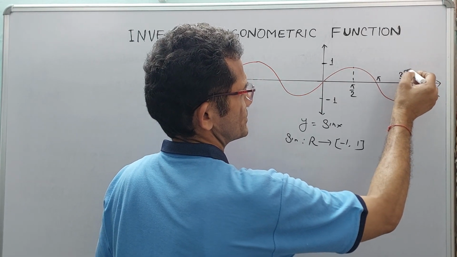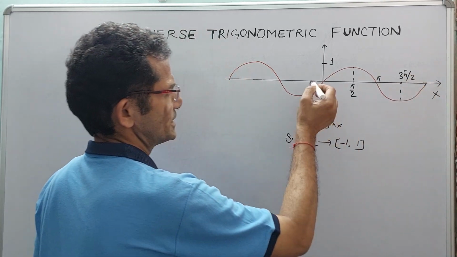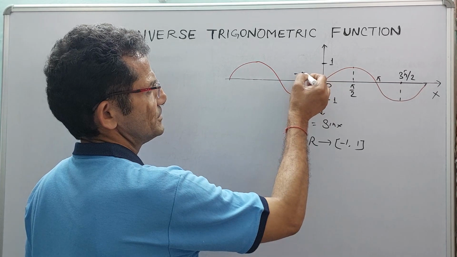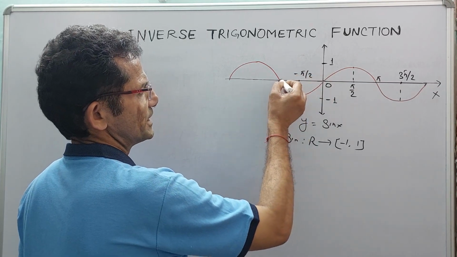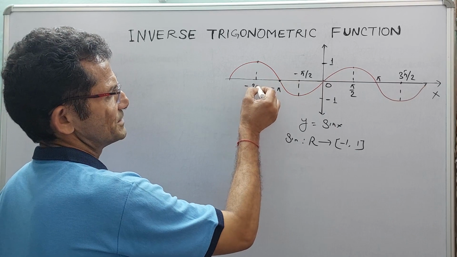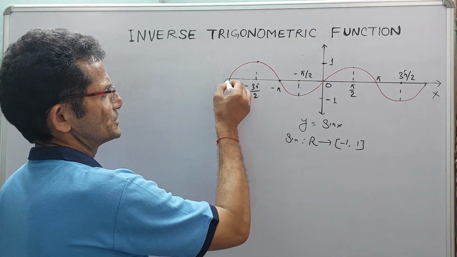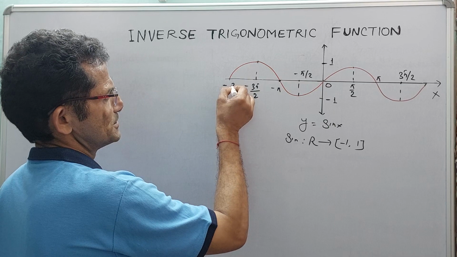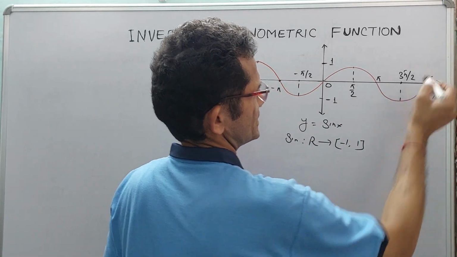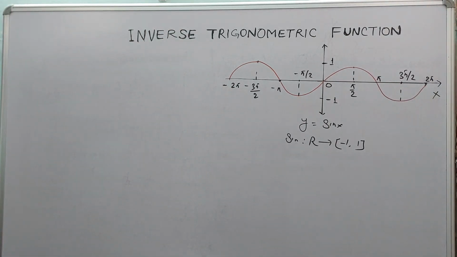Here is the origin, and this is minus pi by 2, this is minus pi, minus 3 pi by 2, and this one minus 2 pi, and so on. This is 2 pi.